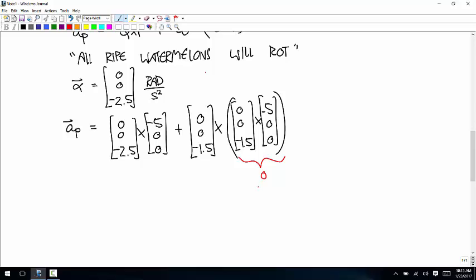So 0, 7.5, 0. These two crossed give you positive 12.5.